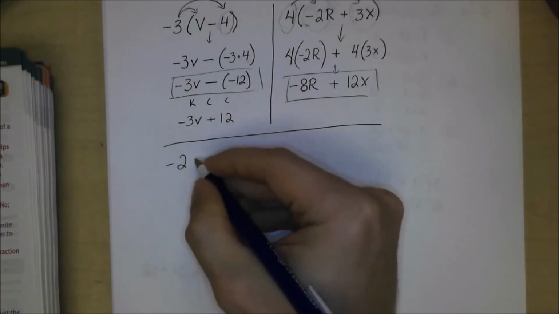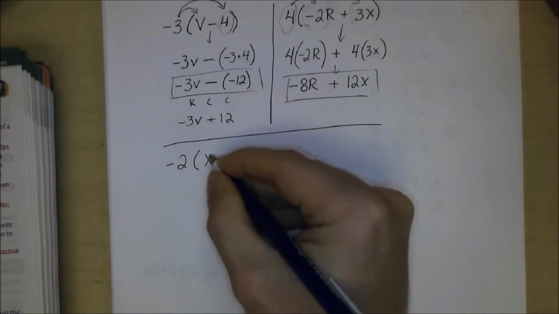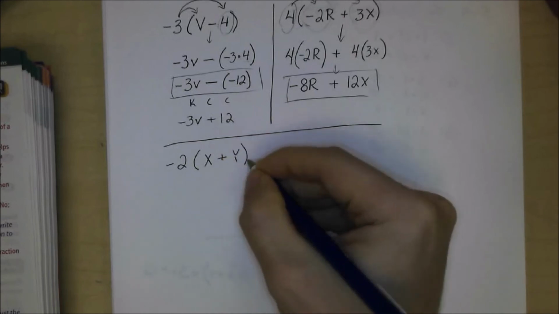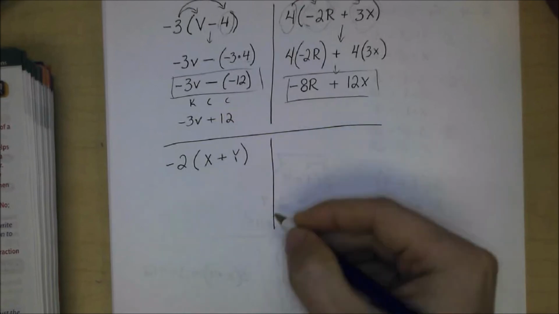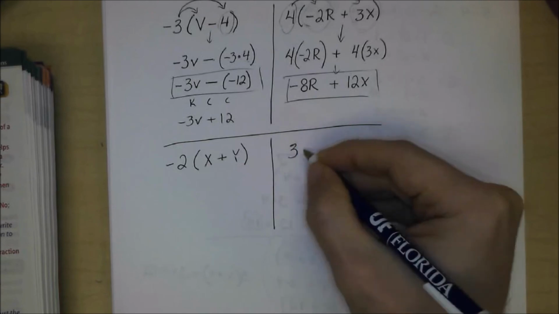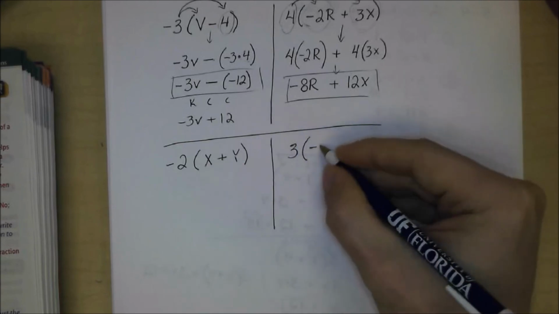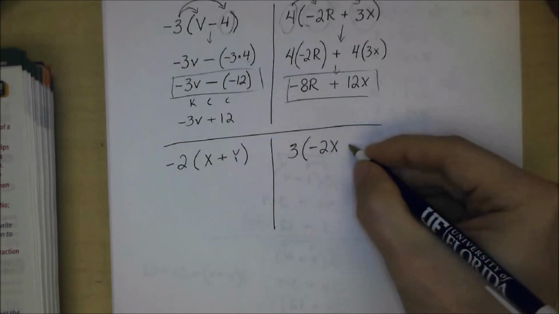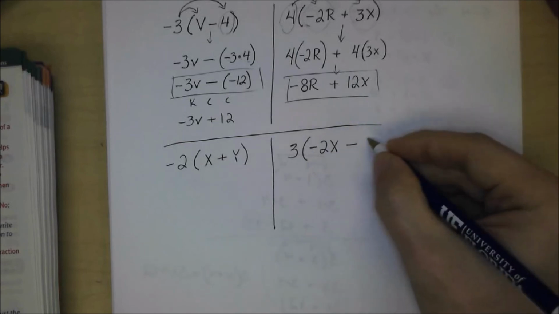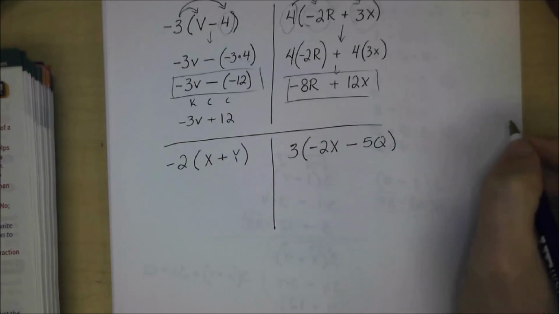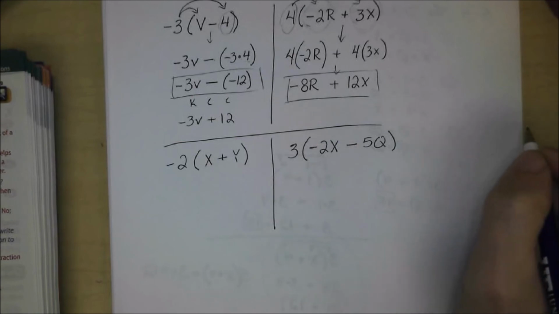Negative 2 times x plus y, and the next one, let's do 3 times negative 2x minus 5q. Alright, so guest teacher, go ahead and hit pause if you don't mind, and then press play whenever the students are ready to go over these.